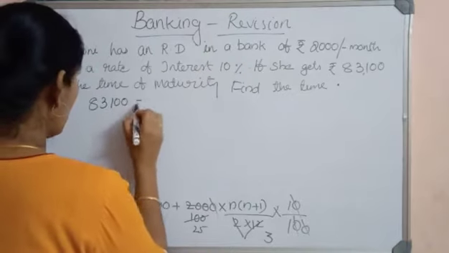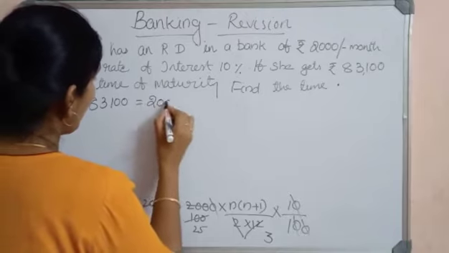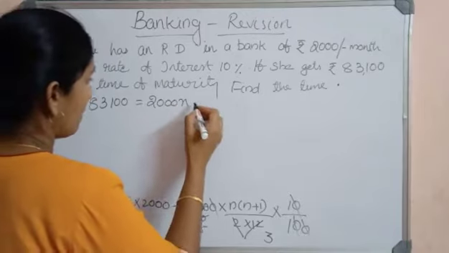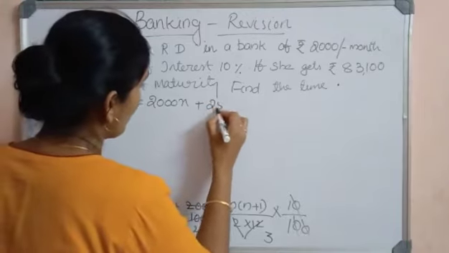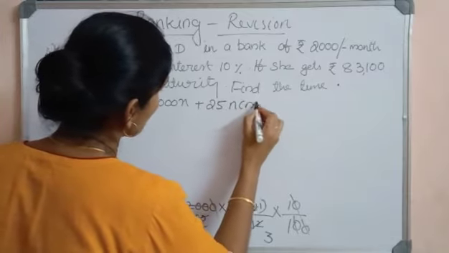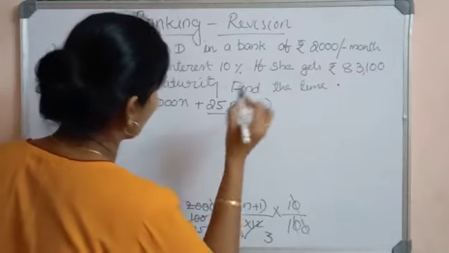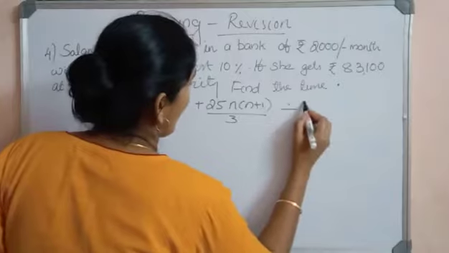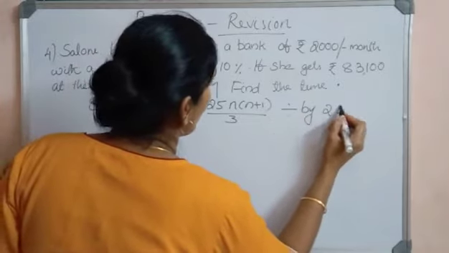We will be getting this as 83,100 is equal to 2000n plus 25 n into n plus 1 by 3. Let's divide the entire expression by 25.